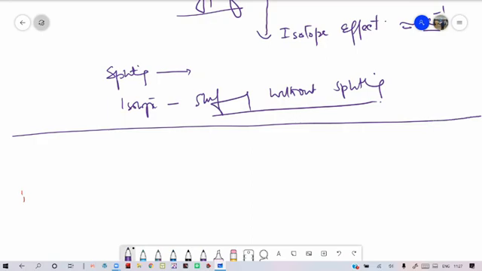You know that when we studied the hydrogen spectra, 1 by lambda, which is equal to nu bar in centimeter inverse for a hydrogen atom, is equal to RH divided by n1 square.